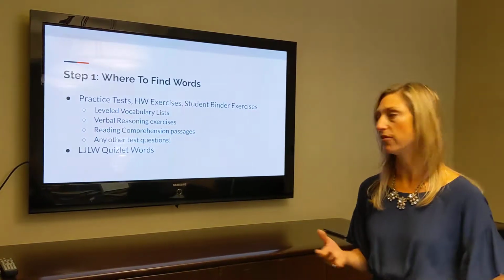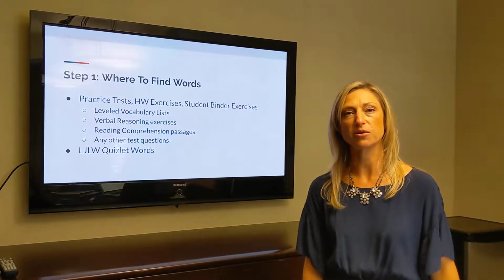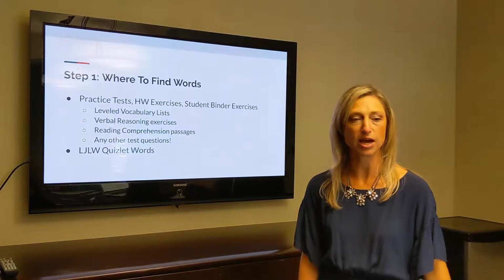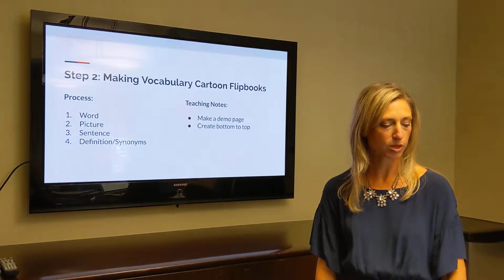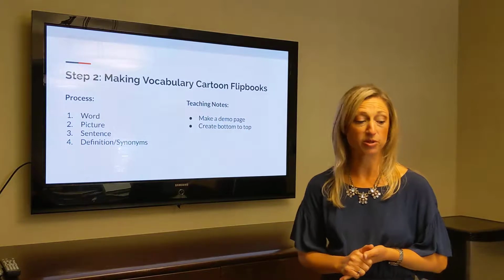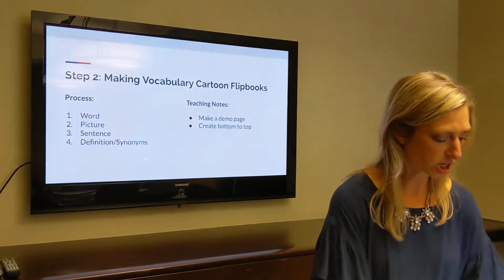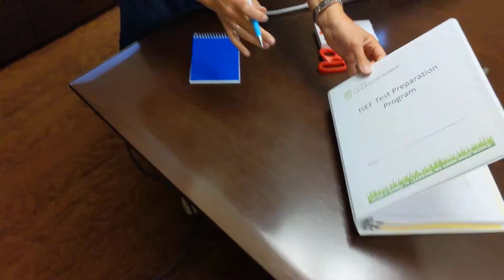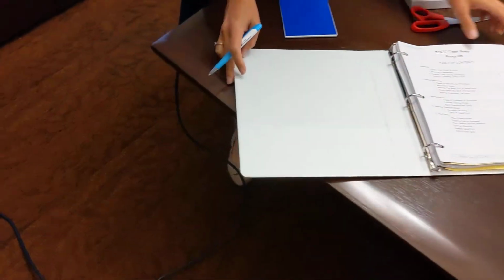We also have a Quizlet where we have vocabulary words for students, so they can use that tool as well. So, how to make the vocabulary cartoons. I will start here and show you. First I want to show you in the student binder where you can find those word lists.